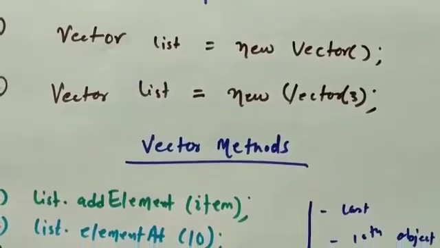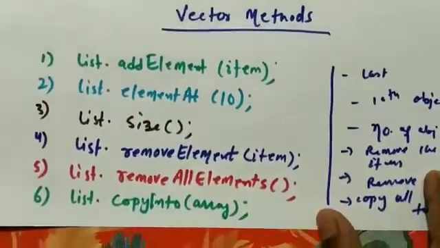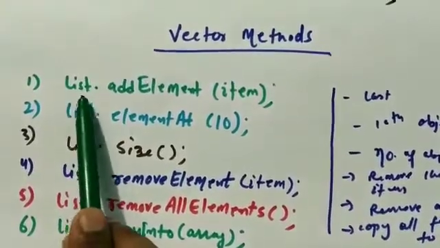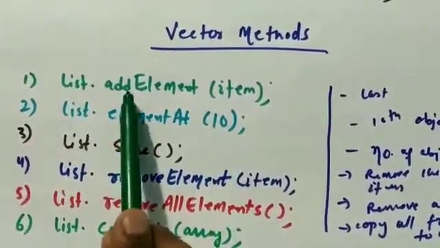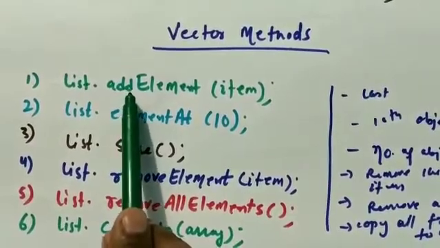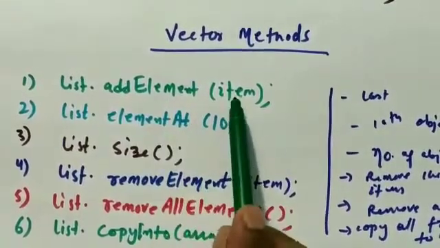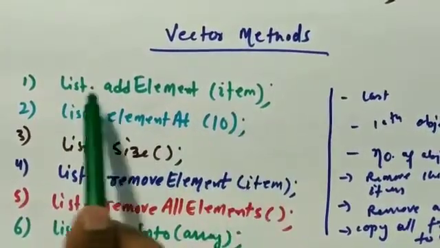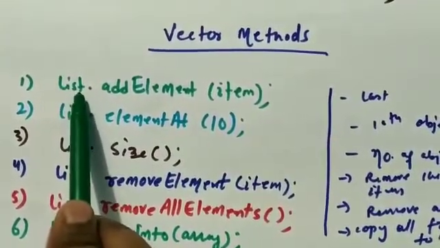Now let us talk about some vector methods. I have mentioned a few of them. The first one is list.addElement(item). This method adds an item at the end of the list.